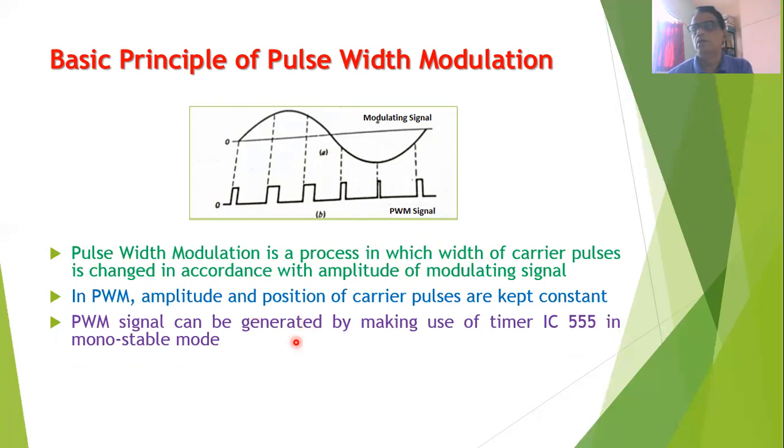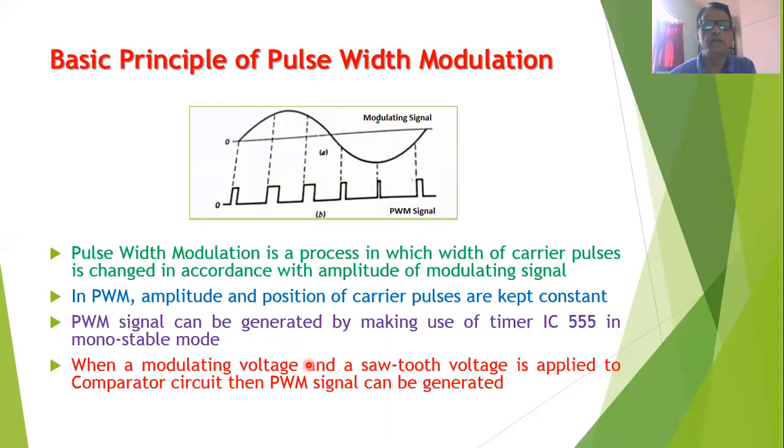A pulse width modulation signal can be easily generated by using timer IC 555 in monostable mode. We can apply the carrier pulses through the trigger input, and the modulating signal can be applied to the control input. When we operate this IC 555 in monostable mode, such PWM pulses can be easily generated.